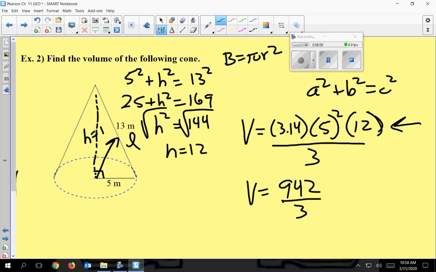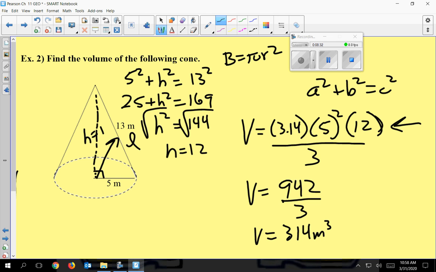Multiply all that up on the top, and I get approximately 942. And I'm going to divide that by 3, and I believe that comes out to about 314. And that's going to be meters cubed. Okay. All right.